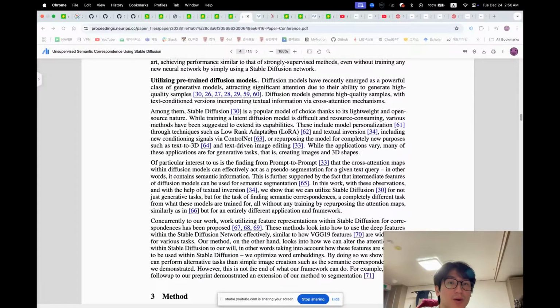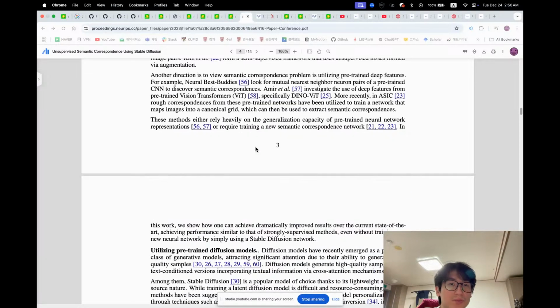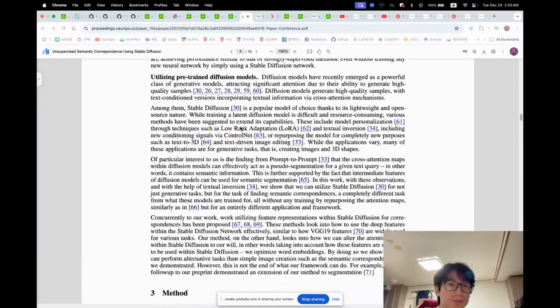Let's see, latent diffusion models produce high quality samples. Stable diffusion has become a popular choice, thanks to its lightweight and open source nature.